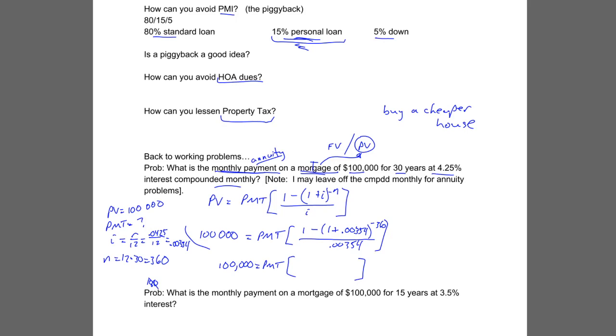That'll give me 0.28, and then I'll subtract that from 1, and then I'll divide that by 0.00354, and I get 203.33. And so our payment is going to be 100,000 divided by 203.33.